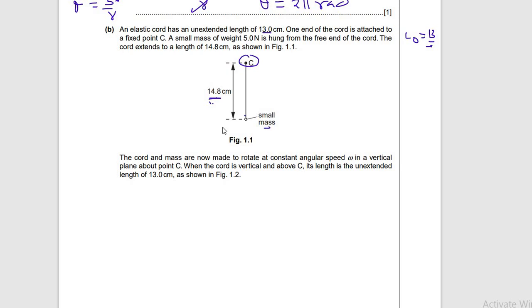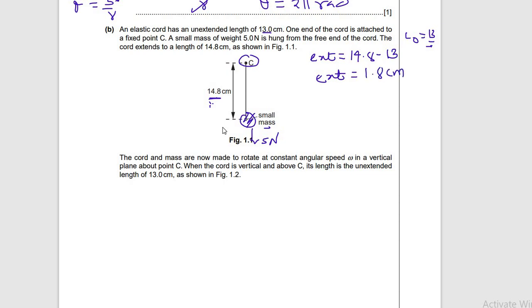So it's the mass that was hung here, 5 Newton, that definitely caused this increase in length. So the extension is the new length, 14.8, minus the original length, 13. So extension is 14.8 minus 13, which is 1.8. Take note of the unit, 1.8 centimeter.